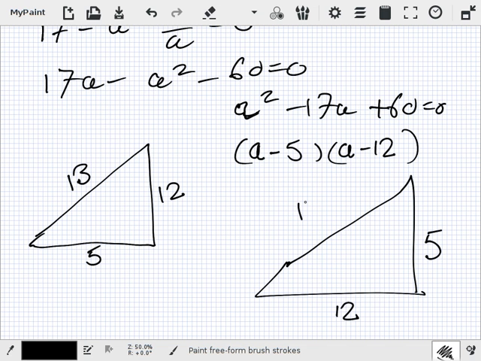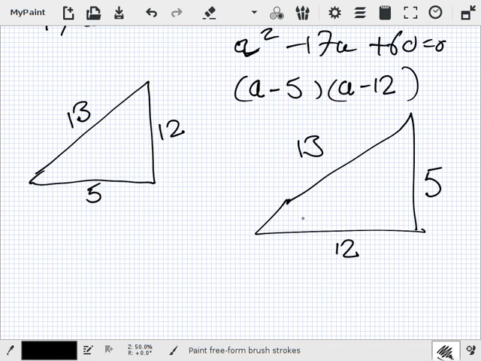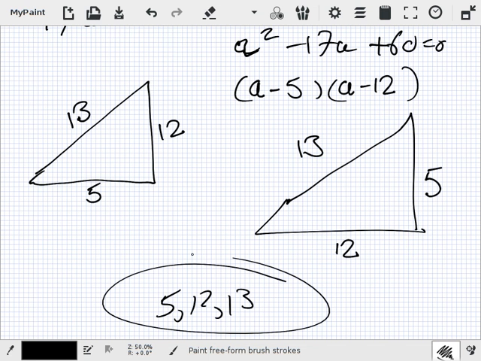And from Pythagoras, this is 13. So there actually is only one answer. It's the same. Well, but my question was, what are the three sides? And the three sides are 5, 12, and 13, regardless. So it's a 5, 12, 13 triangle.